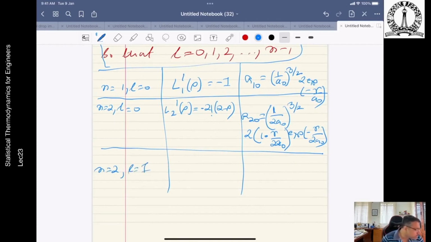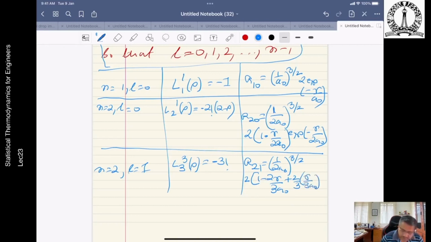L 3, 3 of rho equal to minus 3 factorial, and it is given as R 2,1, which is basically equal to, again, 1 over 2 a naught to the power of 3 by 2, into 2, 1 minus 2r over 3 a naught plus 2 r squared over 3 times 3 a naught squared, and exponential of minus 3r by 3 a naught.